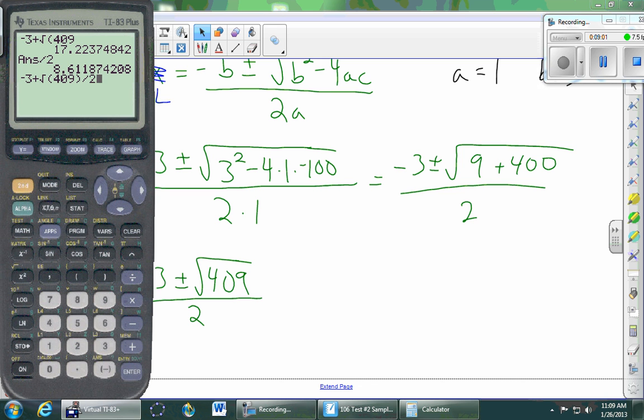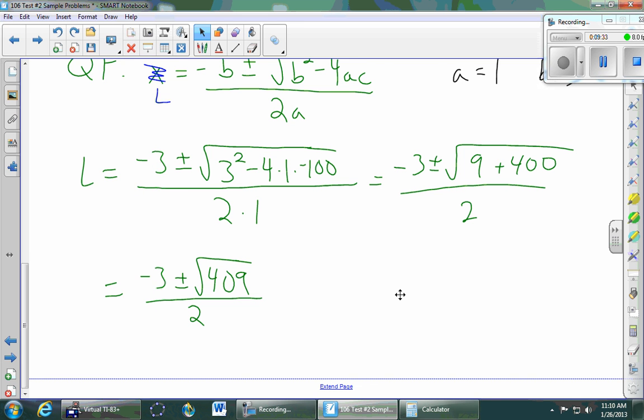We know the correct answer to this problem is 8.6, but we don't get that doing it this way, because of an order of operations thing. The calculator thinks you intend to divide by 2 not the whole thing up here, but just the thing that's touching the divide by 2. So it's only dividing this piece by 2. That's why I did the top separately, and only after I had that single numerator did I divide the answer by 2. So we should get 8.61.